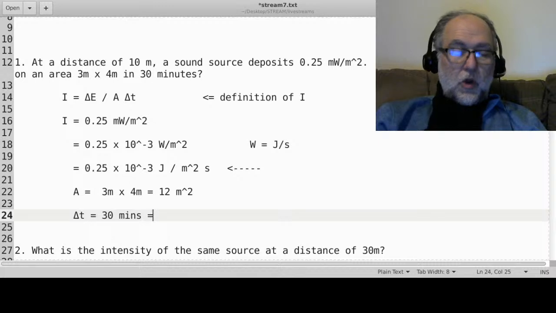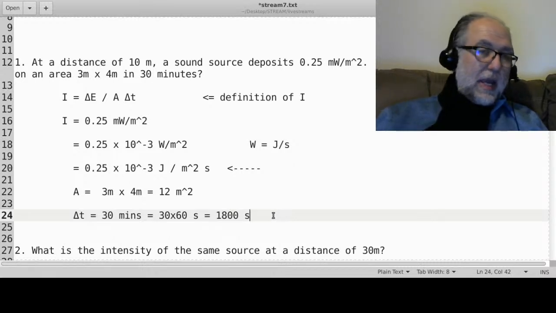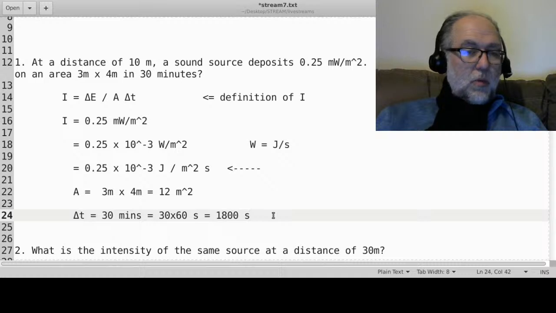But we don't want it in minutes, we want it in seconds, so it's 30 times 60 seconds, which equals 1,800 seconds. There's your delta T.